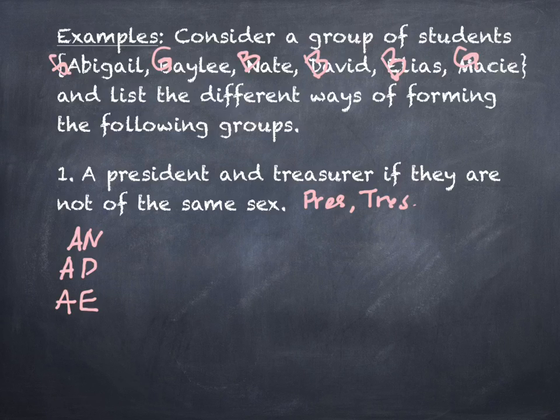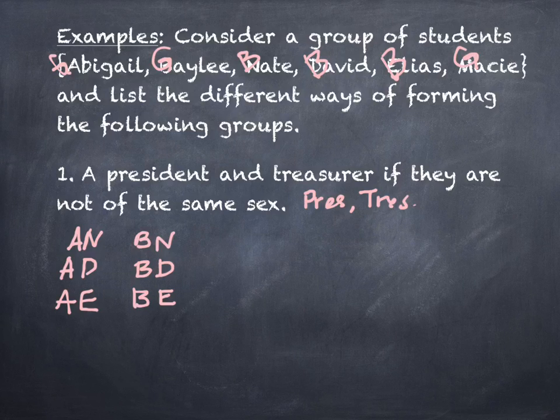Okay. But she's not the only one who could be president. Who else could be president? Bailey could be president. And if Bailey's president, who could be treasurer? Nate or David or Elias. Okay, so let's keep going with girl presidents. There's one more girl in my list.